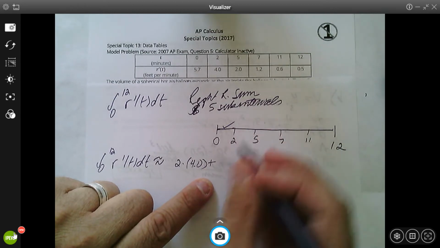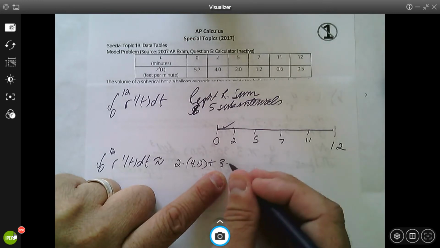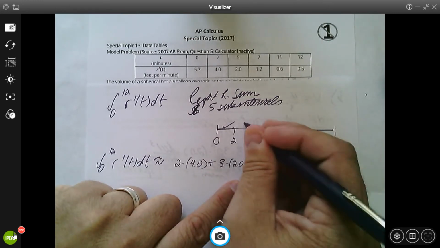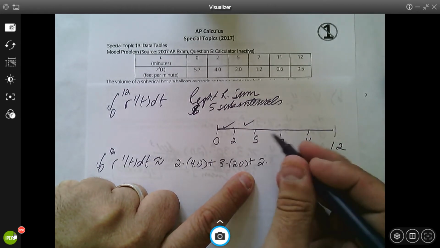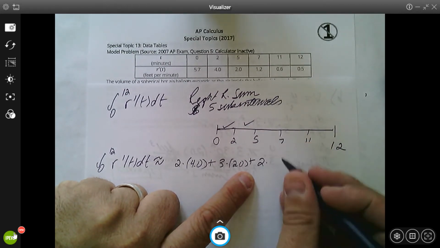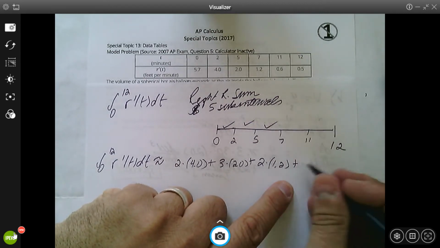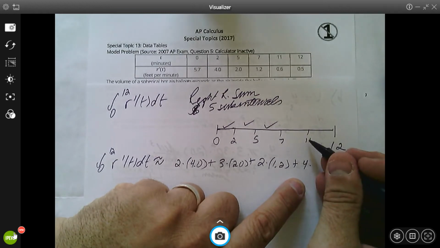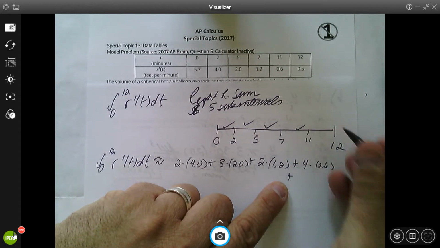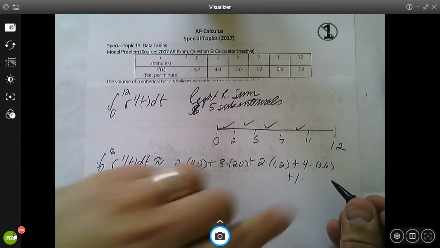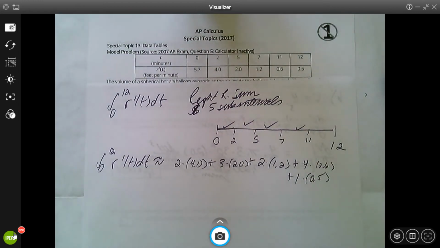Second interval, how wide, 3, times the height at time t equals 5, 2.0, plus the width is 2, times the height r prime of 7 is 1.2, width of the next interval is 4, times the height at 11 is 0.6, plus the width on the last one is 1, and the height at time 12 is 0.5.